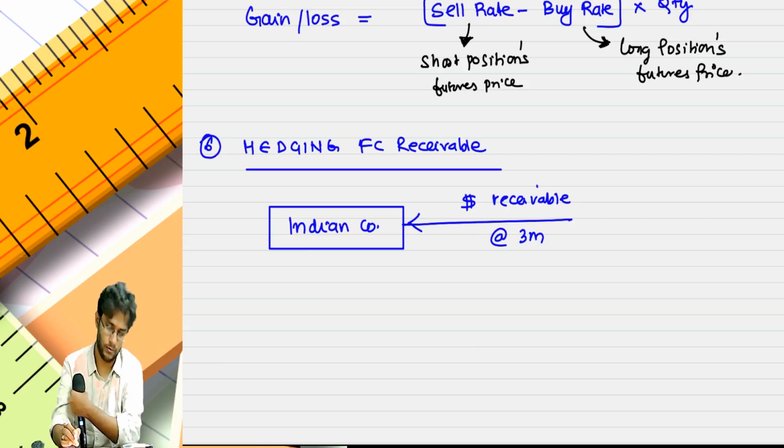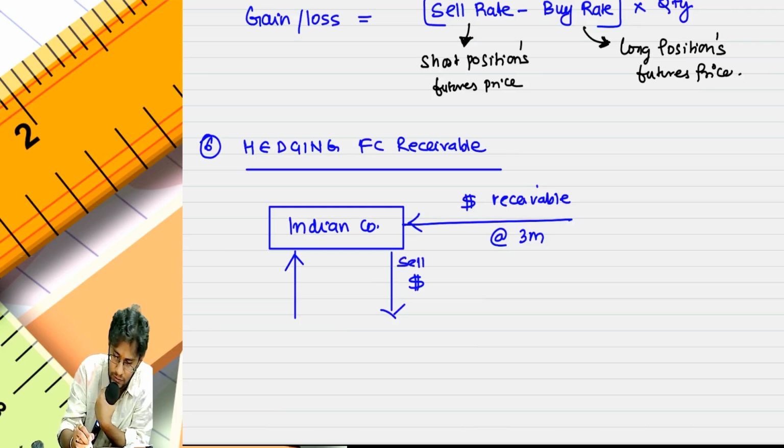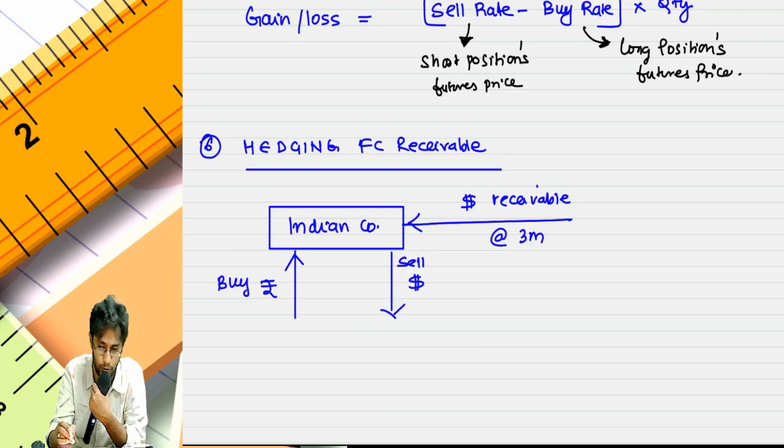When they receive the dollars, they will convert them into their home currency by selling dollars and receiving rupees, which I also call buying rupees.